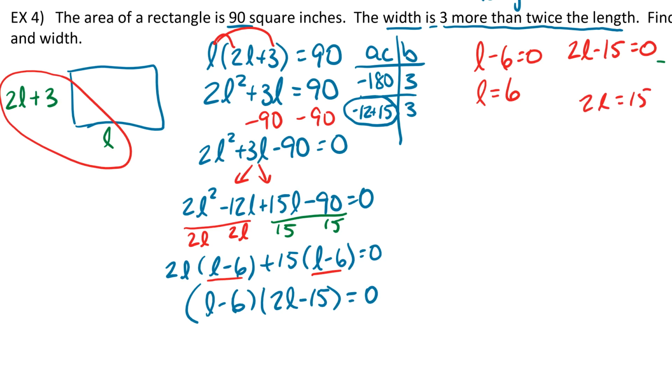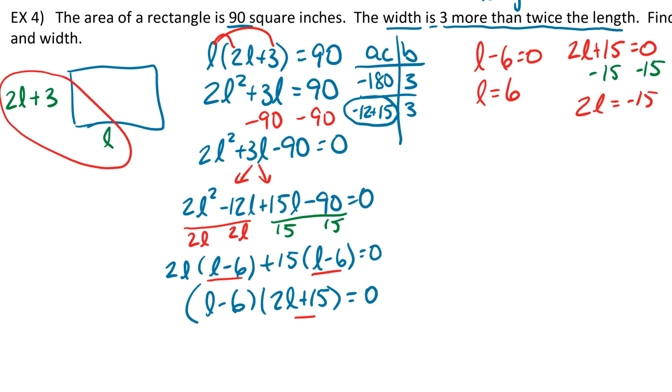Oh, sorry, that should have been a plus 15. I miswrote it down here, but that should have been plus. So now we're going to subtract 15. And that's going to give us 2L equals negative 15.